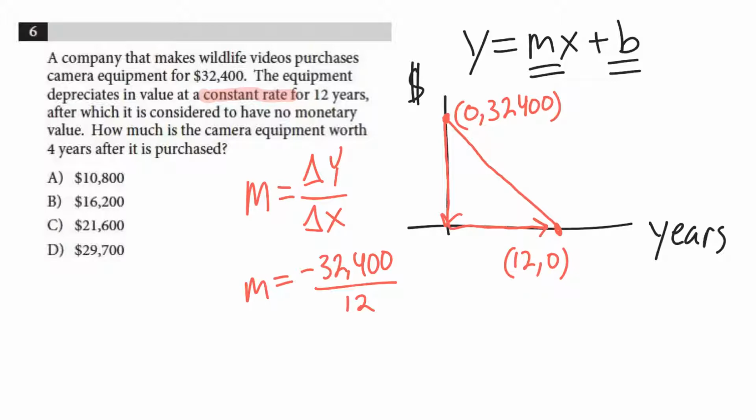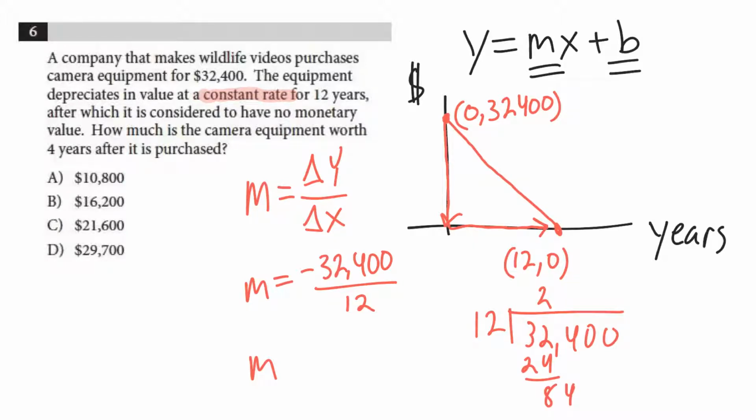if we simplify this, we'll see that we can divide. Let's do it on the side here. 12 into 32,400. It's going to go twice. That's 24. Remainder of 8.